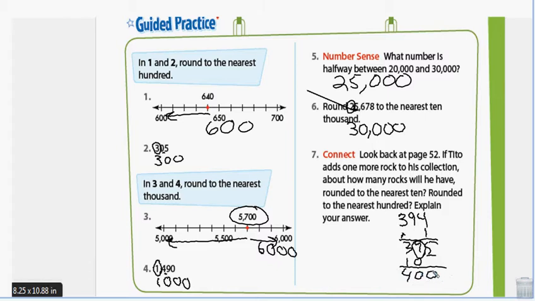And remember, everything to the right becomes a 0, so the 5 is going to become a 0. If we're rounding 395 to the hundreds position, we circle the 3, and we underline the 9, and the 9 is telling the 3 to go up to a 4, and everything to the right becomes a 0. So 400. Both rounding 395 to the tens place and to the hundreds place is 400.